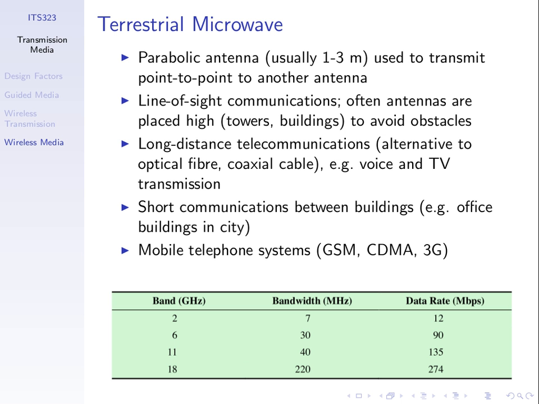What does microwave mean? I think last week I said it refers to the wavelength. That's not right. It's not about the wavelength of the signal. It's just a general name for the range of frequencies of around, I think it's one of the earlier slides, of around 30 megahertz up to tens of gigahertz.